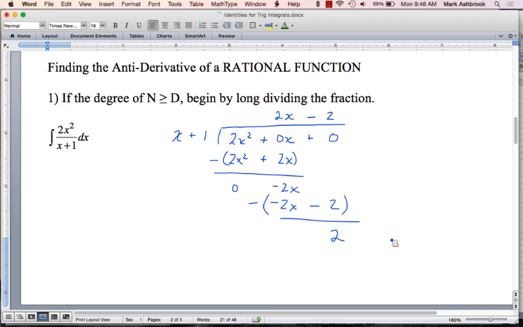And so then we can rewrite 2x squared plus over x plus 1 as equal to what? It's going to be 2x, our quotient, over the divisor plus the remainder over the divisor.